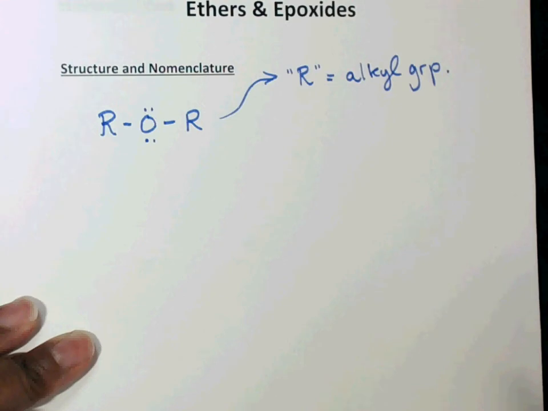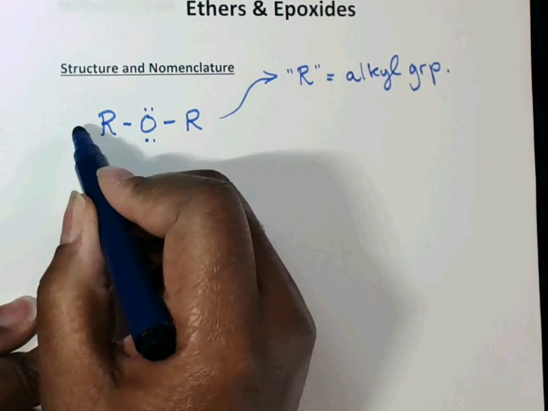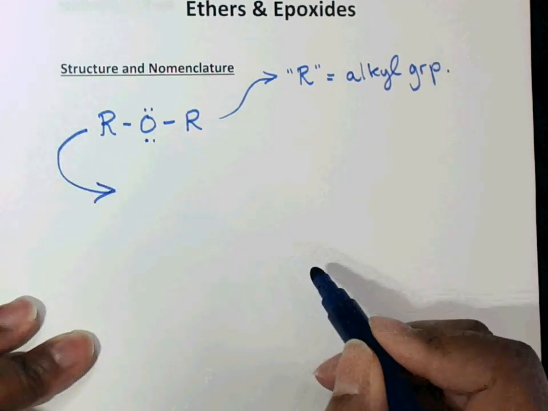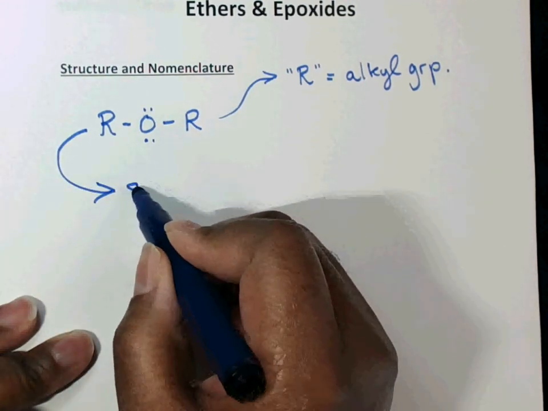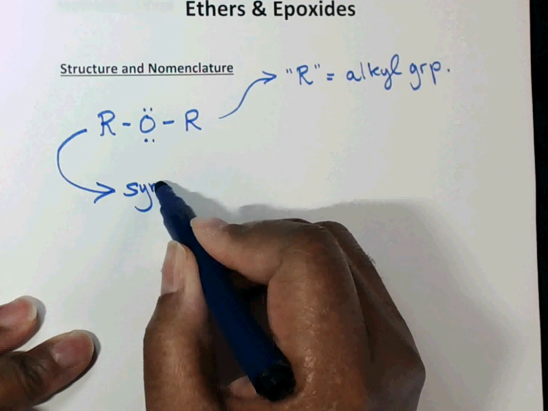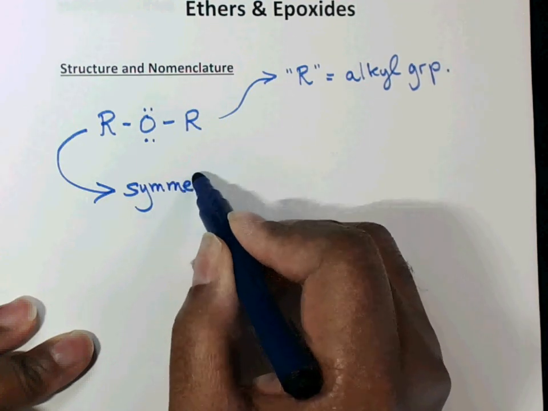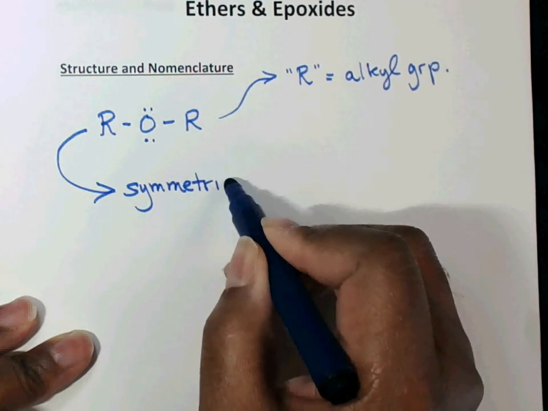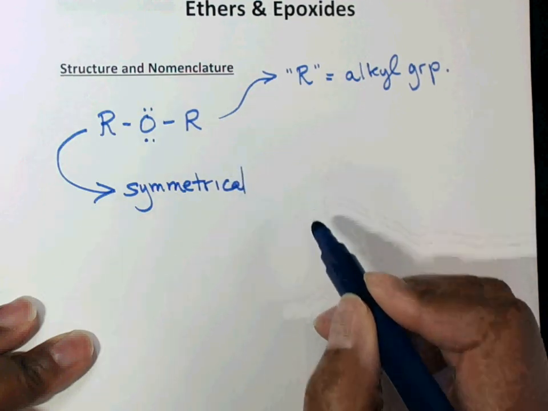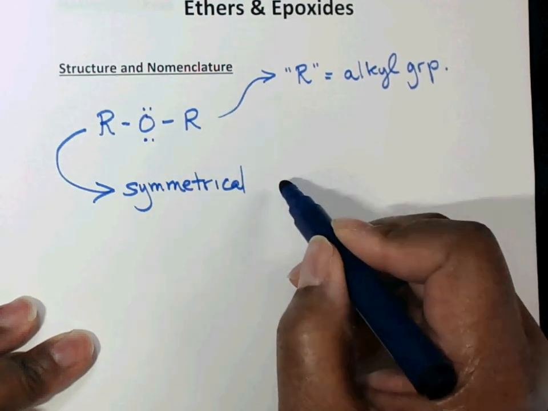Now, ethers come in two categories. They can either be symmetrical, in which the R groups attached to the oxygen are the same.